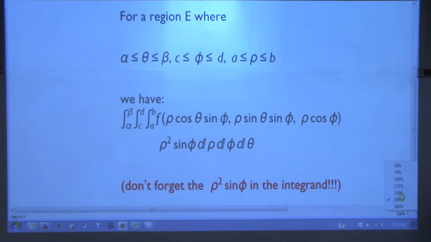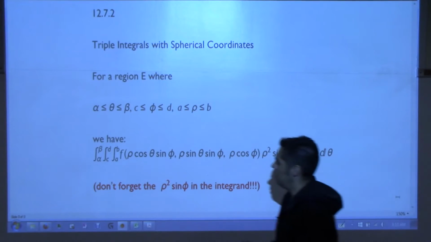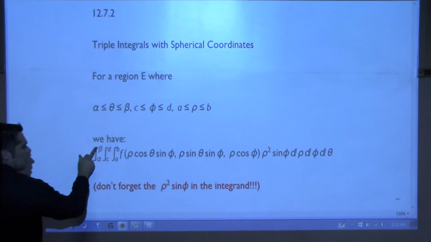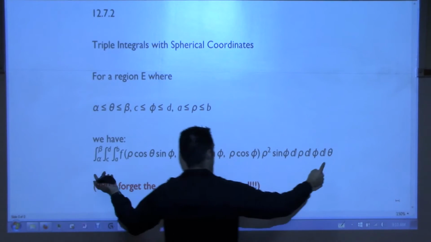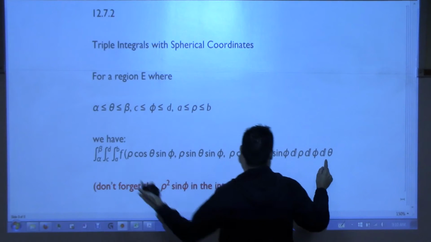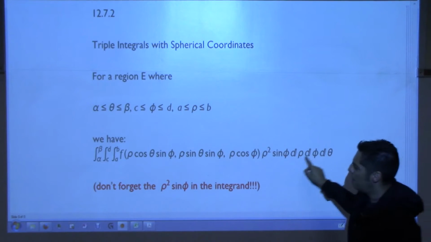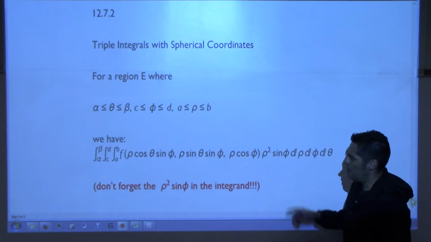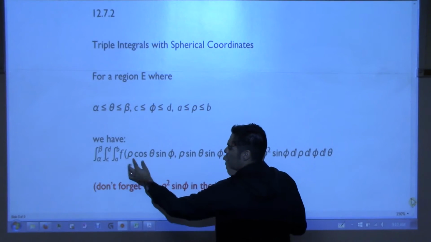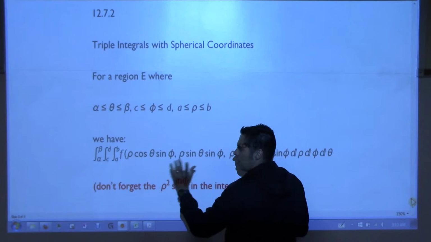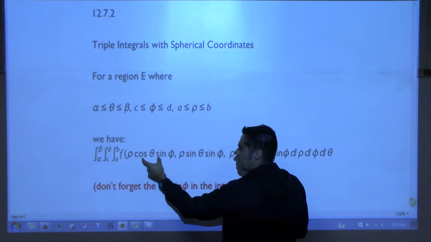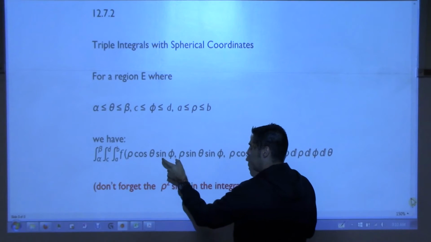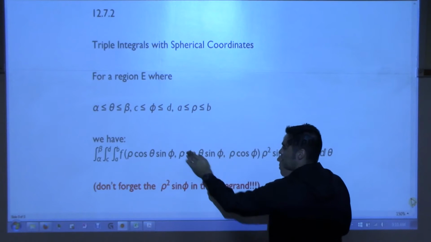It'll go from alpha to beta, and that'll be our restriction on theta. And then it'll go from C to D, and that'll be our restriction on phi. And it'll go from A to B, and that'll be our restriction on rho. And then all you do is you go in the function, and remember what I said, we have to turn x into something ugly. Here it is. All x's will be replaced with this. All y's replaced with this.